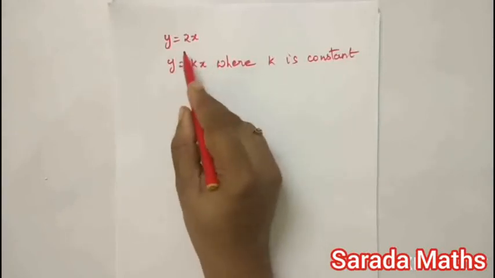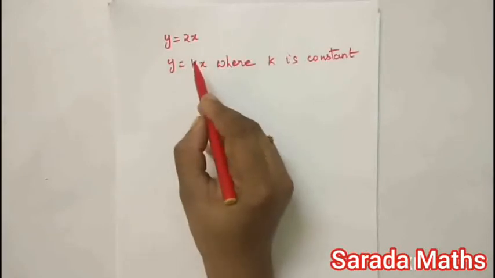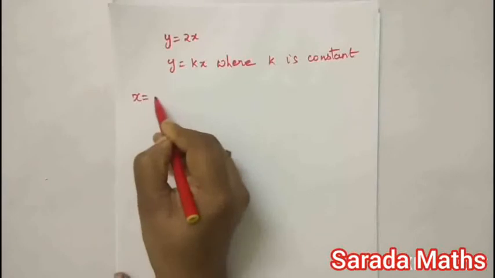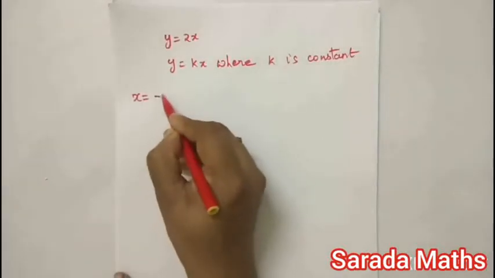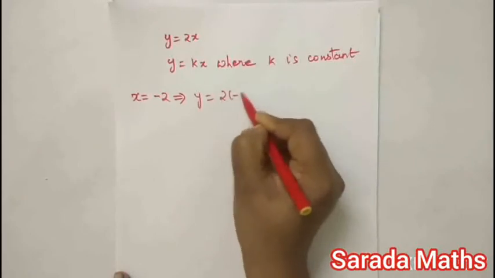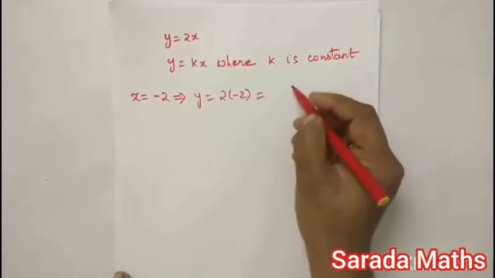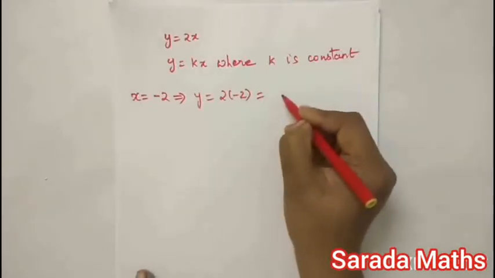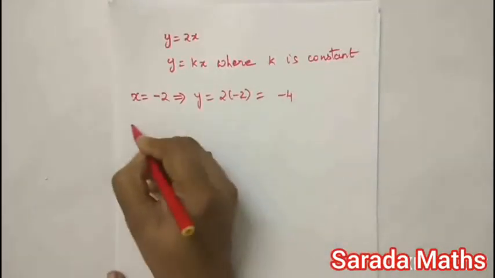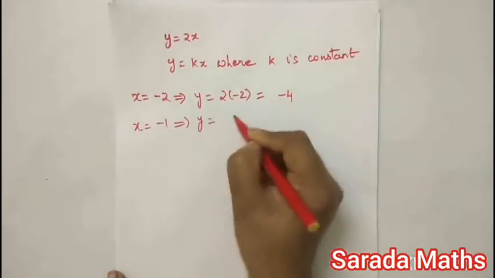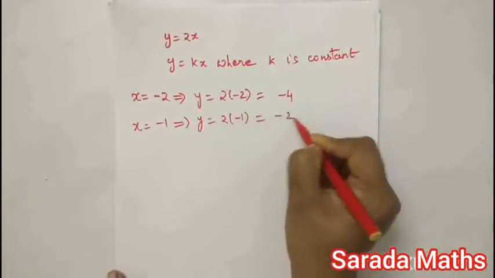To plot the graph, we have to calculate the value of y at each value of x. So x is equal to minus 2, then y equal to 2 of minus 2 equal to minus 4. At x is equal to minus 1, y equal to 2 into minus 1 equal to minus 2.